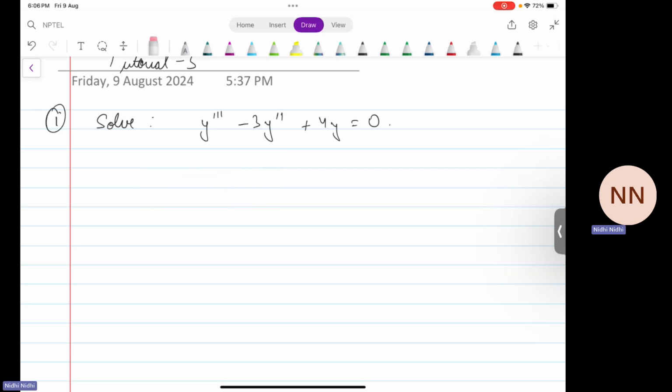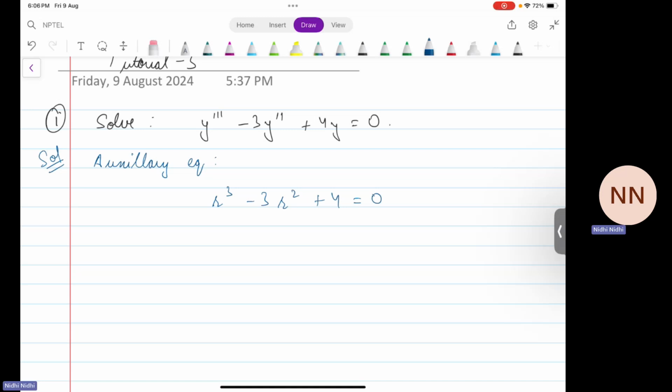So from now on we'll be directly writing the auxiliary equation. For this equation, the auxiliary equation is given by r cube minus 3r square plus 4 equals 0.